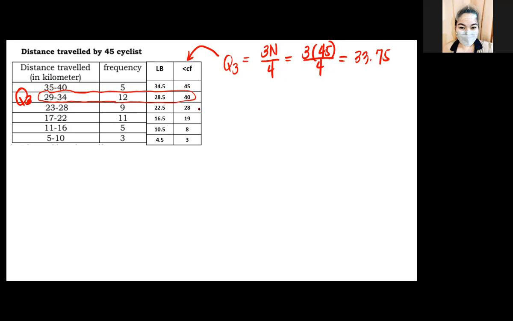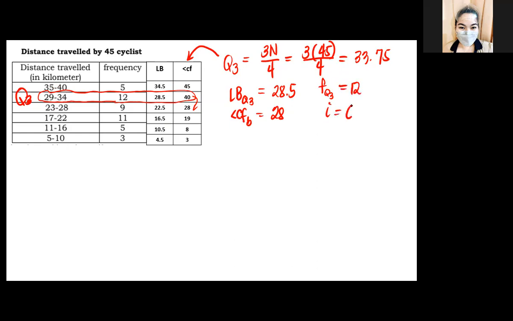Okay? So, kunin natin yung lower boundary of third quartile class. That is 28.5. How about the cumulative frequency below? 8. Then the frequency of the quartile class, that is 12.